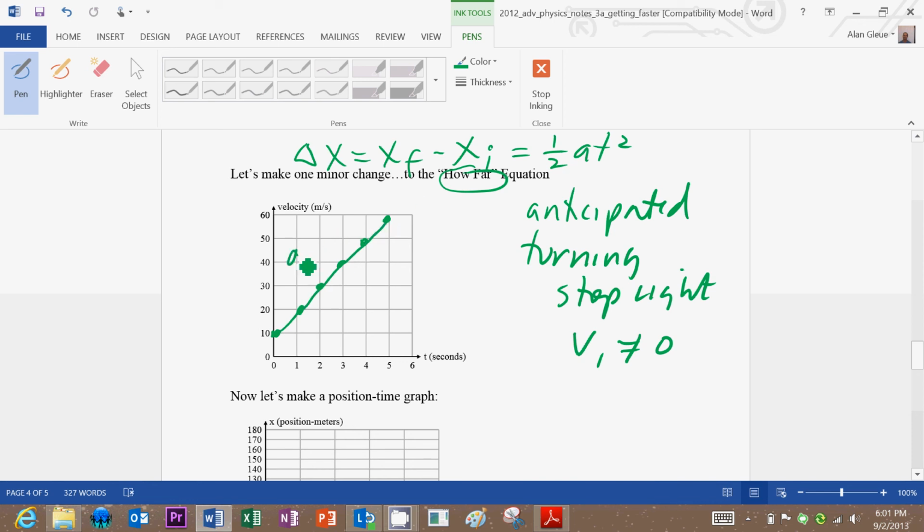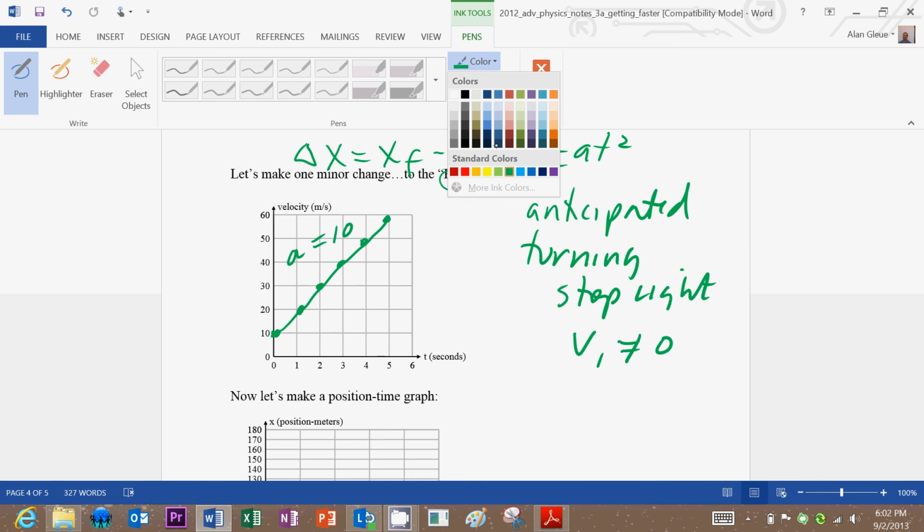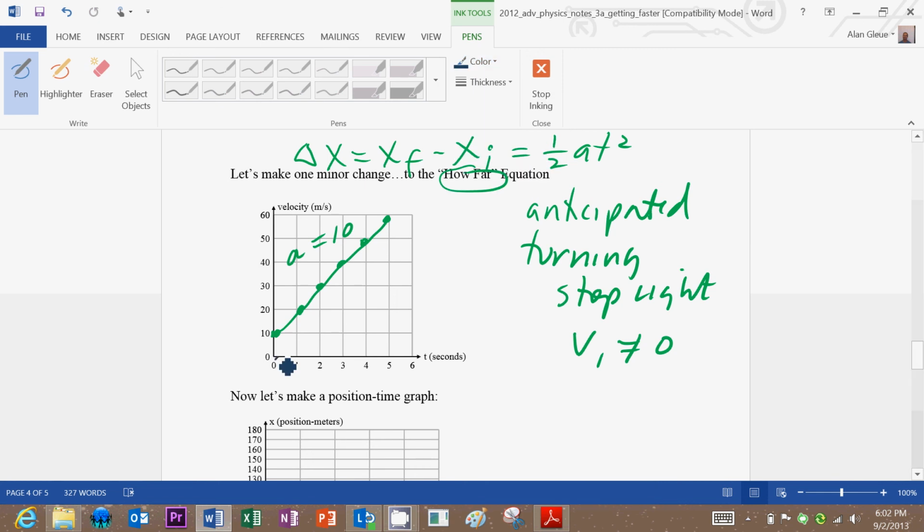Our acceleration is still 10 because we're increasing my speed 10 units every second. So do you see how this graph is a little bit different than the graph we had before? Let me put on what we had before. What we had before represented this. Our initial velocity was 0. So we've shifted our graph up a little bit.